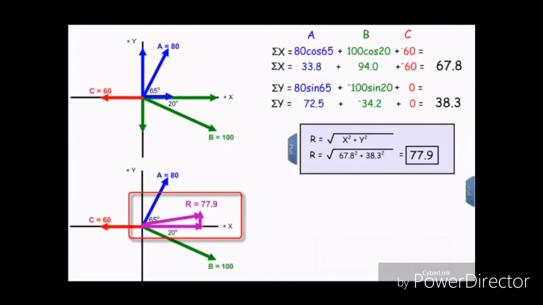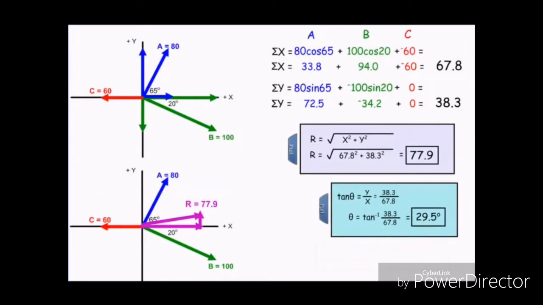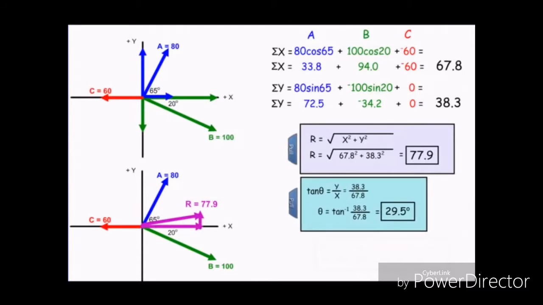To find the direction, we have to use the tangent function. The tangent of the angle, and we're talking about the angle between the x-axis and the resultant, is equal to opposite over adjacent.